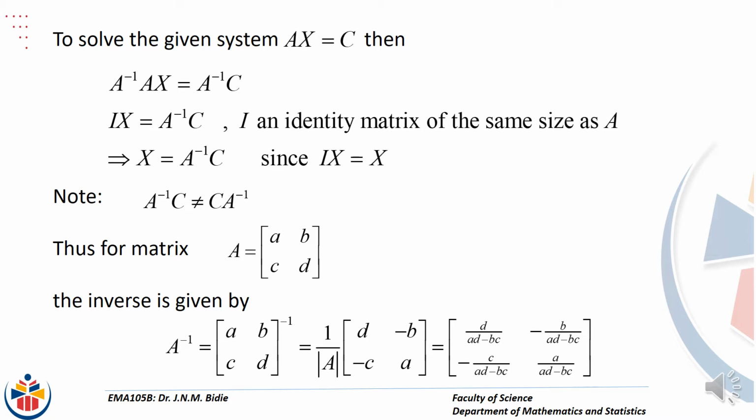In order for us to solve a given system, it means we need to make X the subject of the formula. Unfortunately, we cannot just divide by A like we would do in algebra. For matrices, in order for you to get rid of a matrix, you multiply by its inverse.